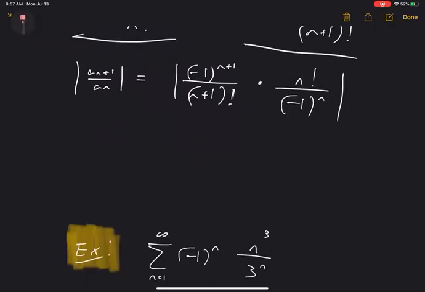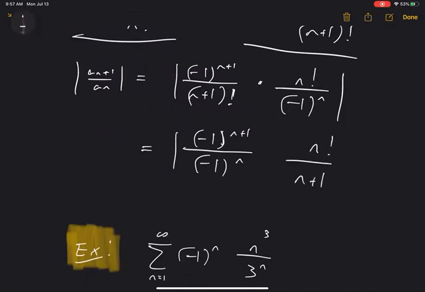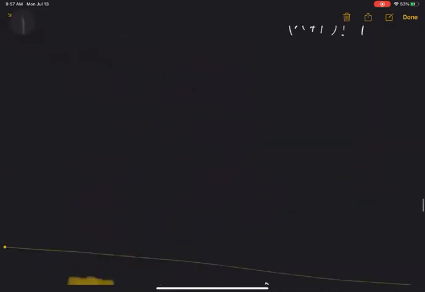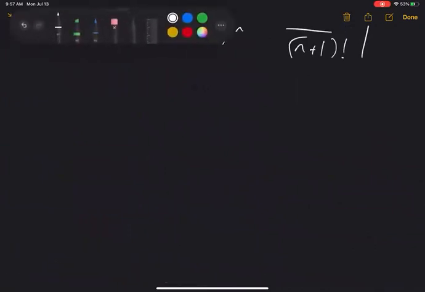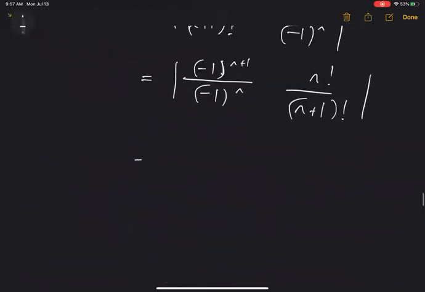And now let's regroup similar stuff with similar stuff and simplify. I have this thing, and simplifying, we'll get this.